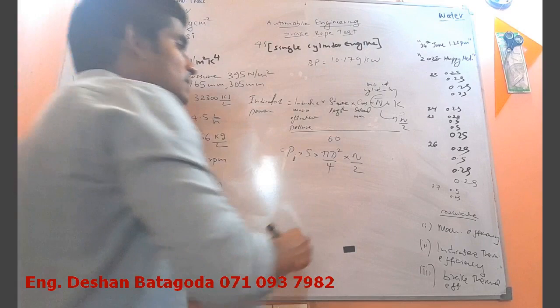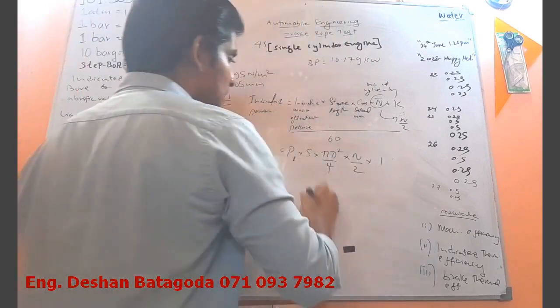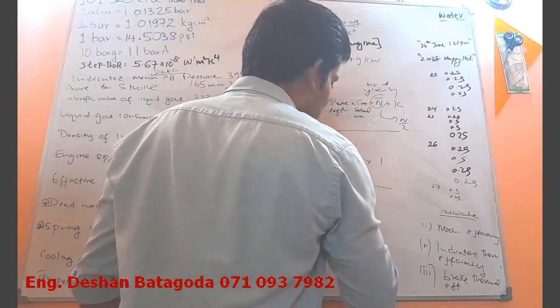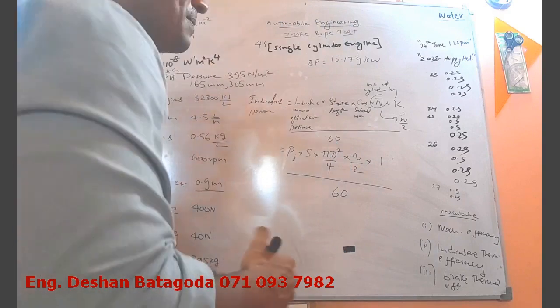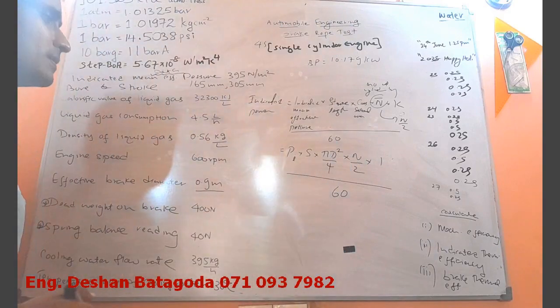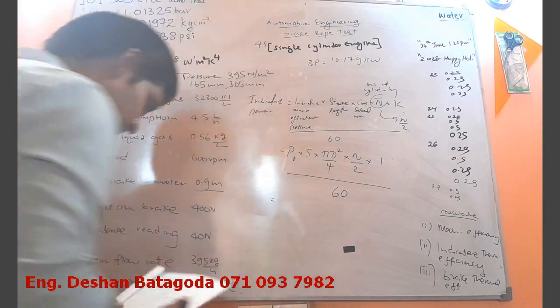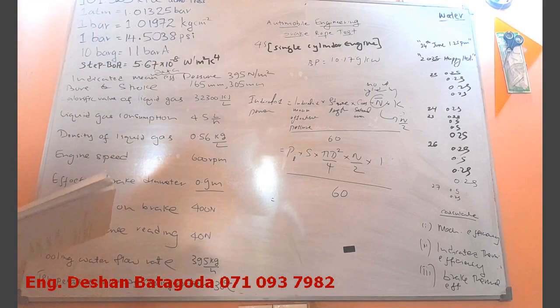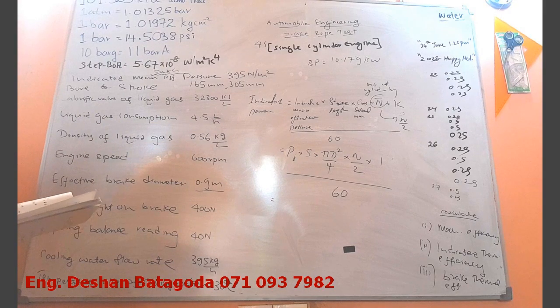K is 1 for a single cylinder engine, and this divided by 60 is a must, to convert that RPM into revolutions per second. Now be very careful, you have to put in standard units. What is the indicated mean effective pressure?